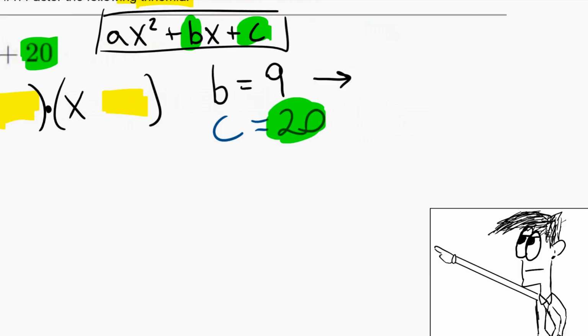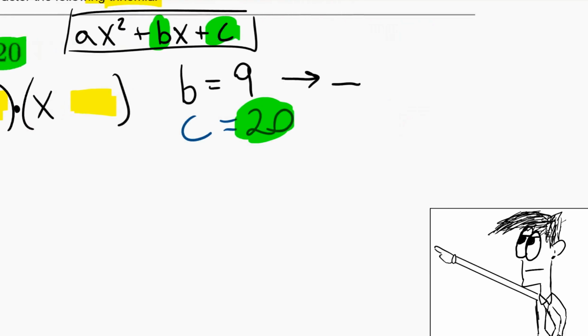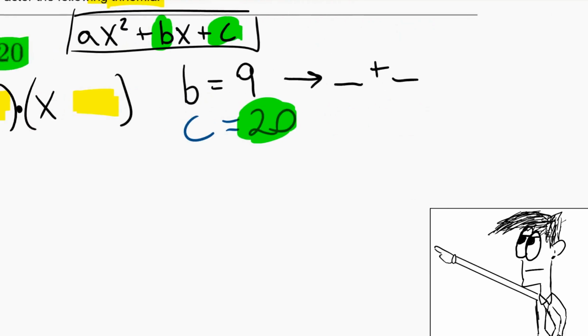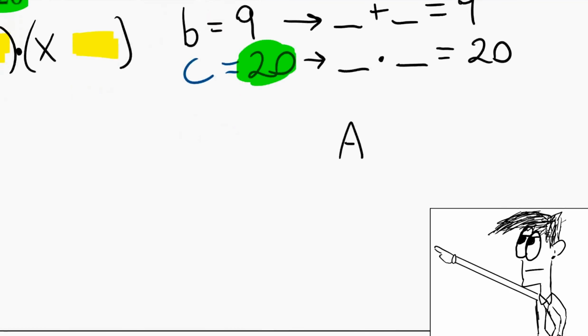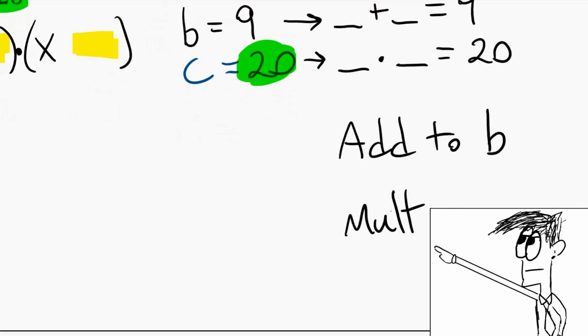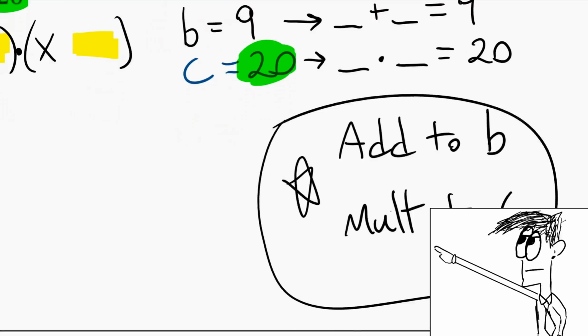If b is equal to 9, I need to find 2 numbers that add up to b, and those same 2 numbers must also multiply to give me c. So they need to add to b and multiply to c. That's really the trick here.